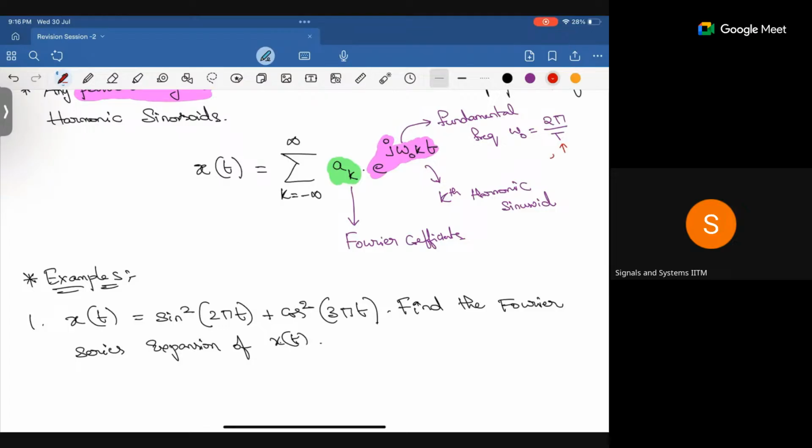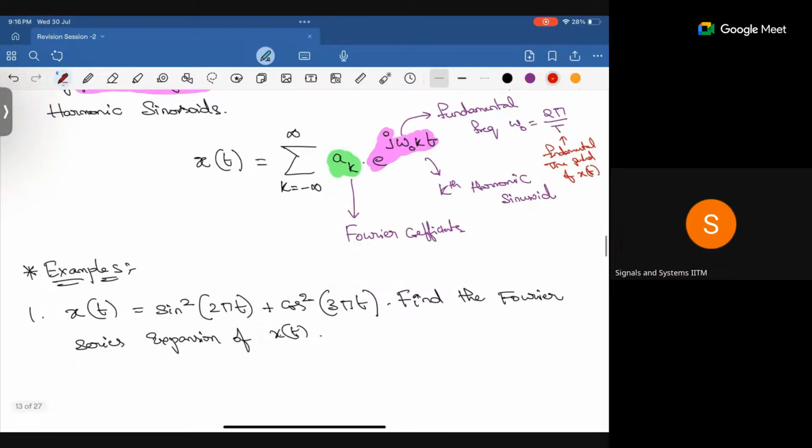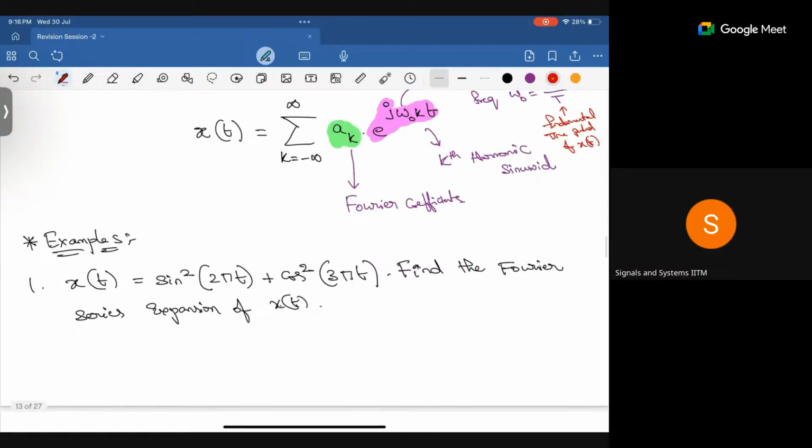Capital T is the fundamental time period of the signal x of t. j is the complex number, t is the time axis. So all we have to do is somehow convert this in terms of a linear superposition of harmonic phasors.